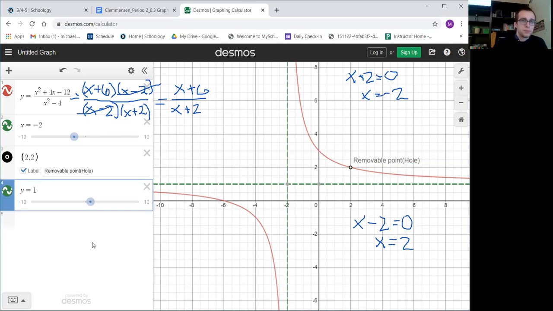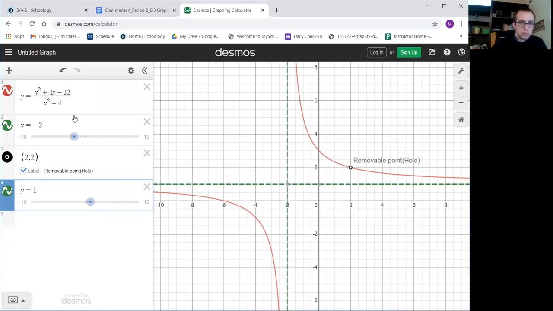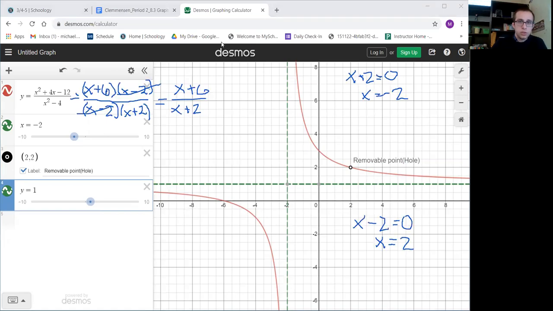All right. Now let's go over how to get my y equals 1 line. If you would like to, you can take a screenshot of this real quick so you have this for reference. I'll give you a second to do that.